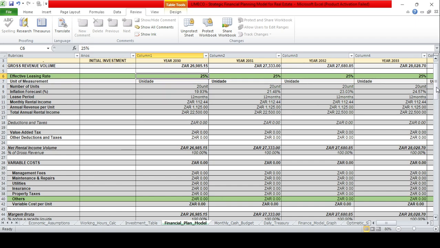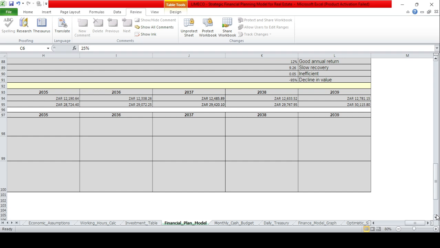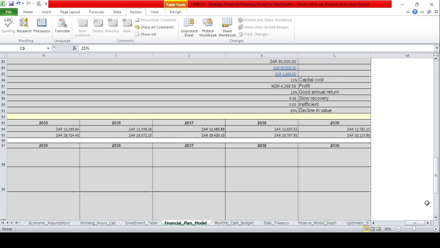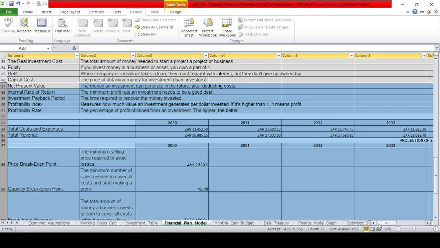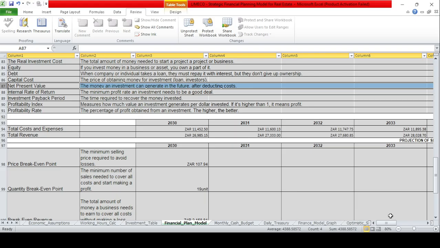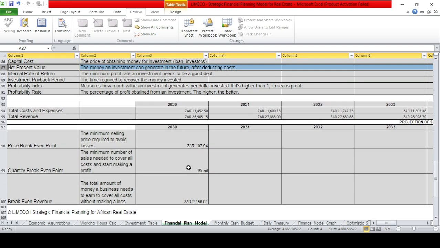Let's go here. Now it is viable. See, net present value says it is viable. Minimum units is 19.